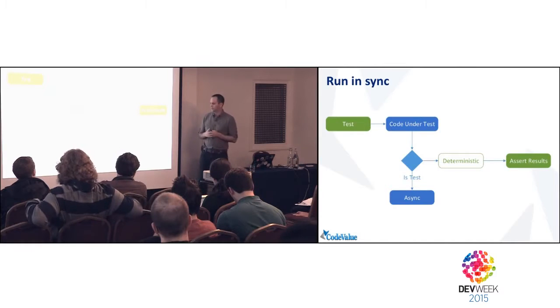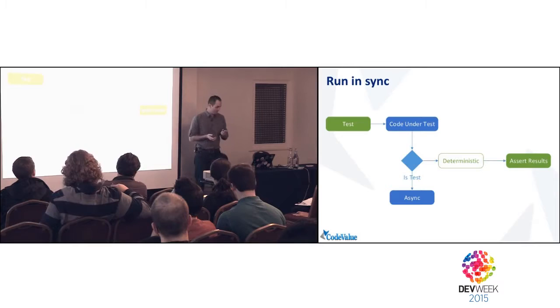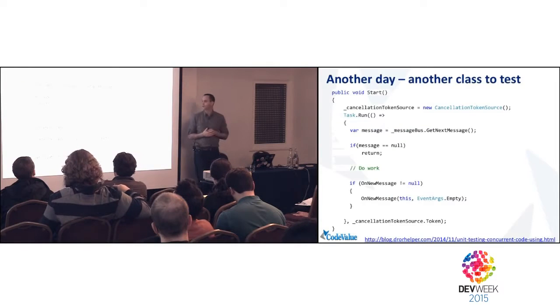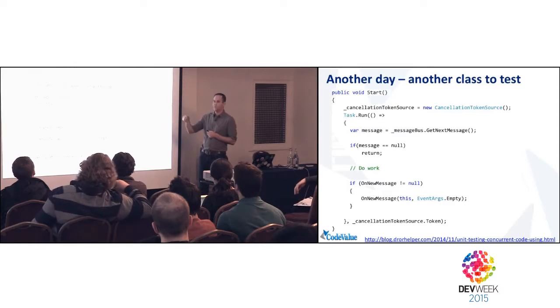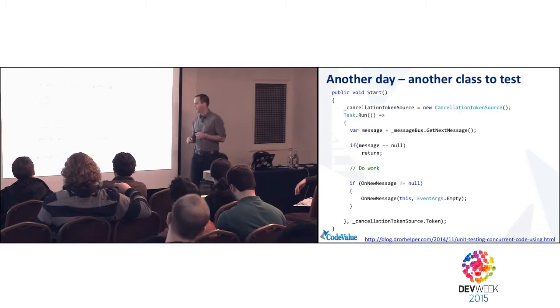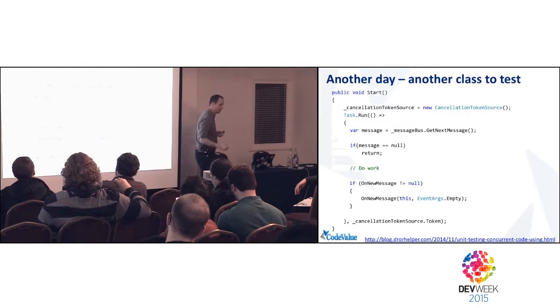I can do all sorts of things, dependency injection being one way. And when using tasks, there's actually a cooler way to do that. This is the same example from before, only I'm using task instead of thread. And in the task, I'm running a bunch of stuff, which I want to run in my test in a synchronous manner.